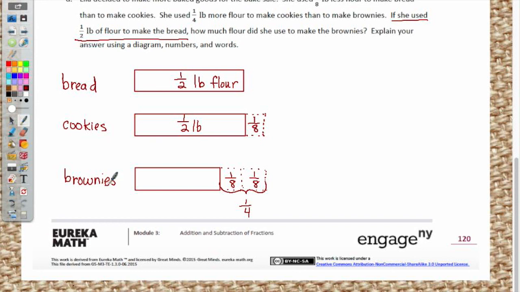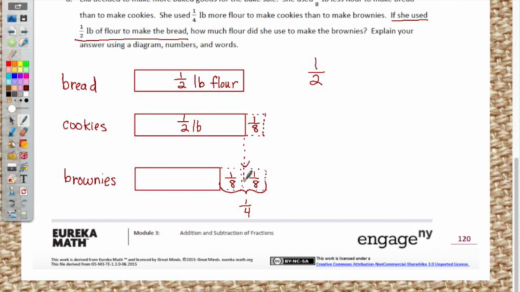What's my problem going to be? Well, brownies are less than everything, so I know it's going to be subtraction. What do I know? I know that I used 1/2 pound of flour. Well, that we know. 1/2 minus what?